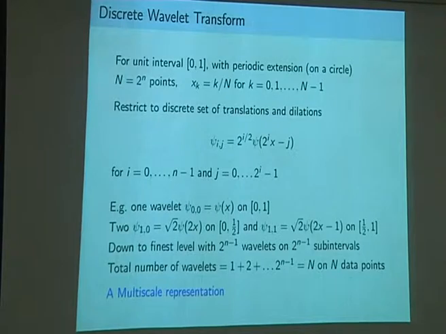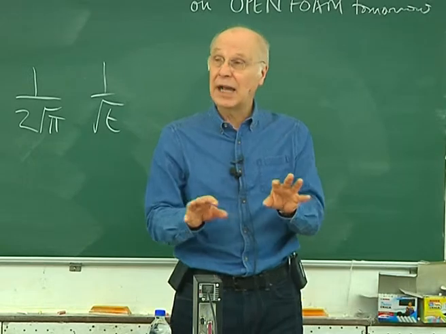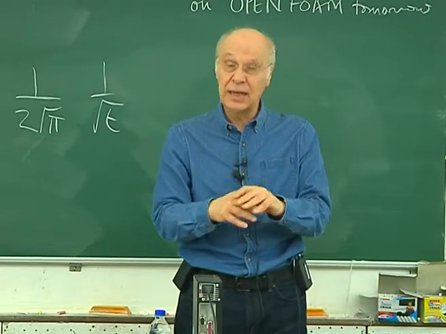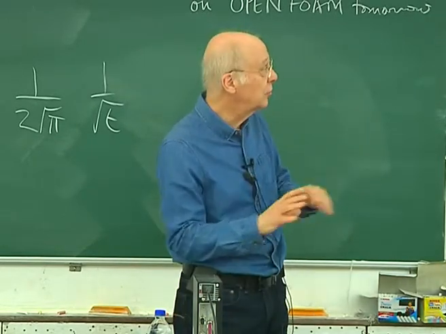Okay, so that's the continuous wavelet. You want a discretized version because you have finite number of data points. We had this before, we had the continuous Fourier transform, and we had a discretized Fourier transform. And there is the same thing again here, a discretized wavelet transform.